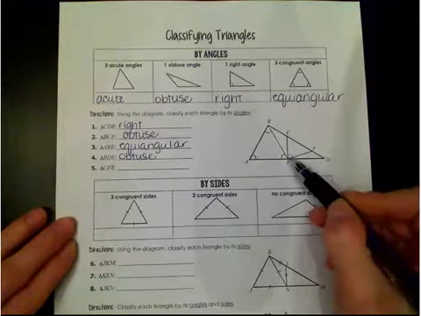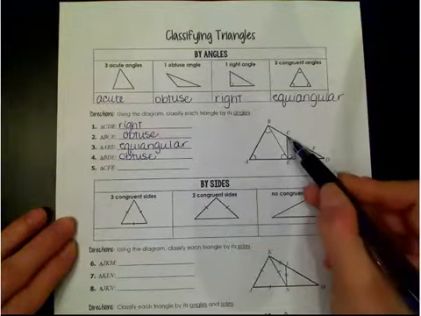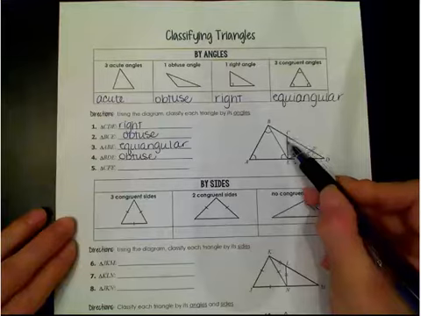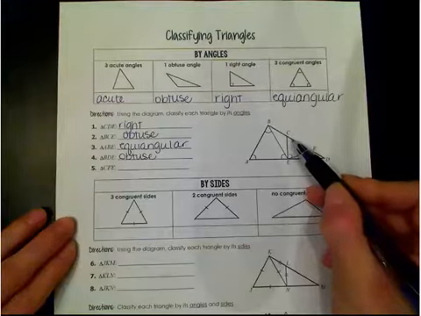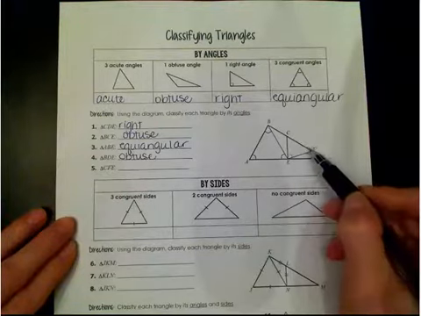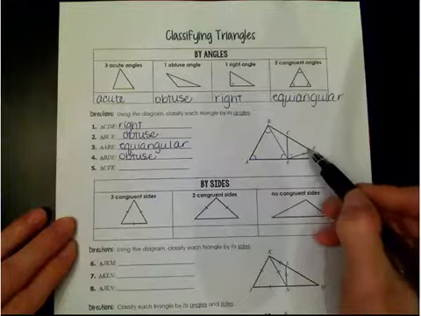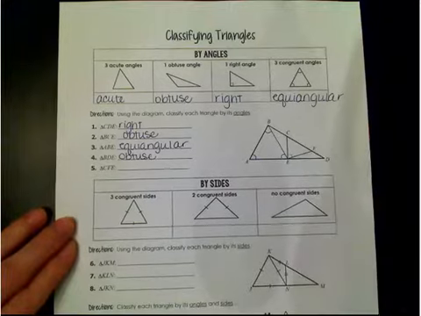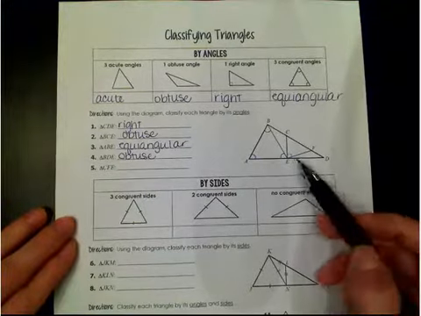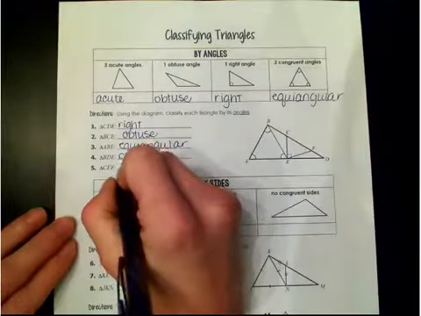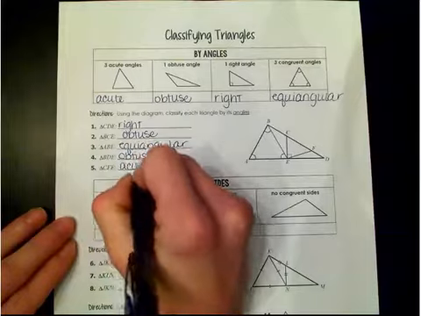This angle I know is less than 90. This angle is not marked that it's congruent to anything, and it's still less than 90. And this angle right here, same thing, not marked that it's congruent to anything, and it's an acute angle. So this is an acute triangle because all 3 angles were acute.